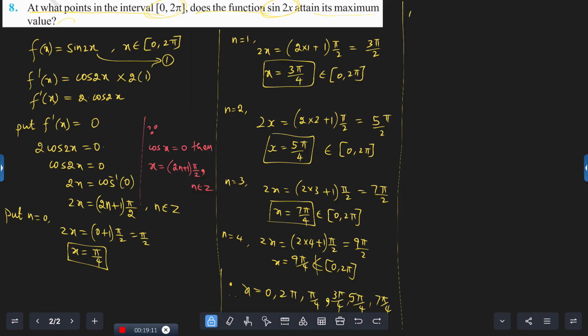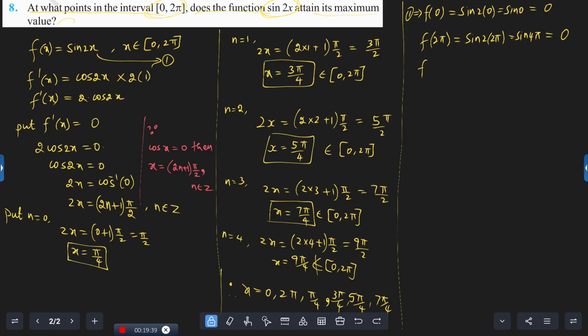First, f of 0: sine 2 into 0 is sine 0, which is 0. Then f of 2 pi: sine 2 into 2 pi, which is sine 4 pi. Listen, sine 2 pi, 4 pi, 6 pi are everything equal to 0 only. So that is also 0.